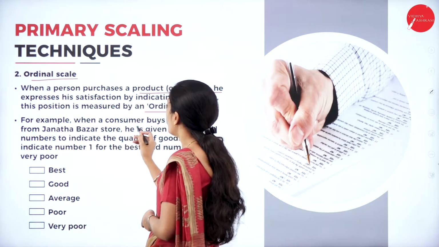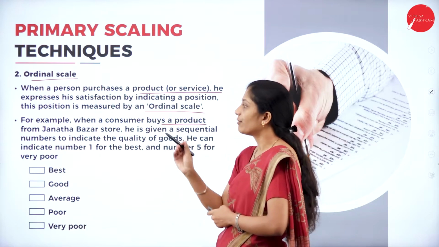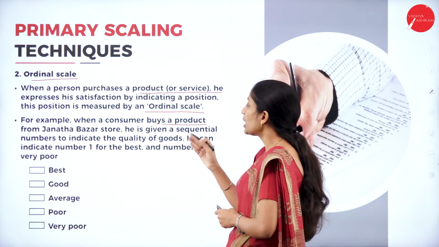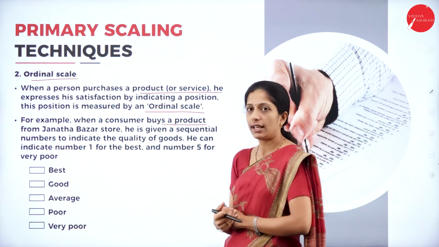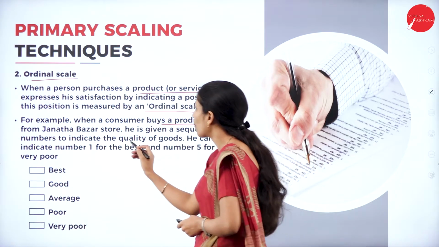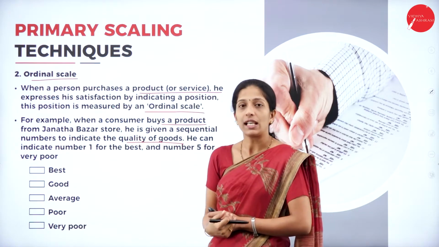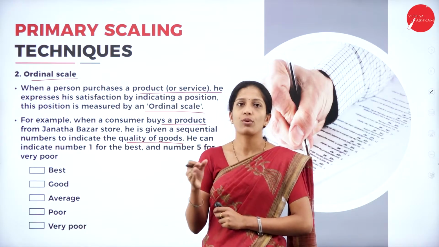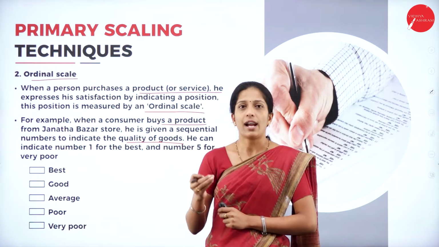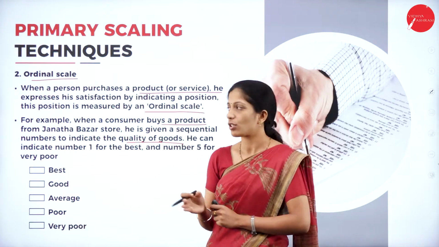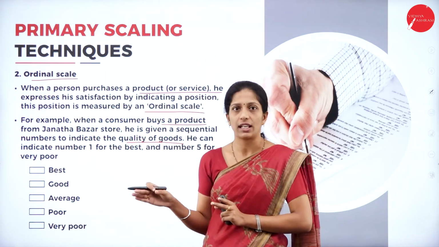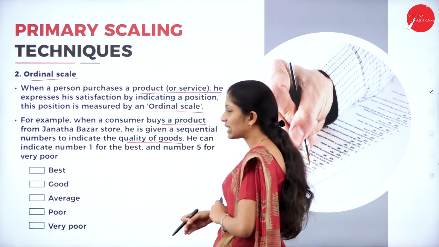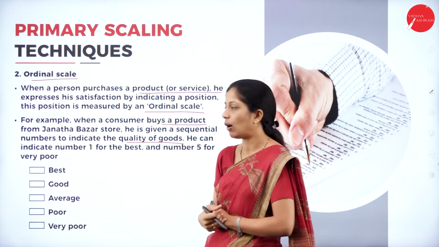Let us see an example here. When a consumer buys a product from Janata Bazaar store, he is given a sequential number to indicate the quality of the goods. He has purchased some goods from Janata Bazaar, and in order to see his satisfaction level, a few options have been given relating to the quality of goods.